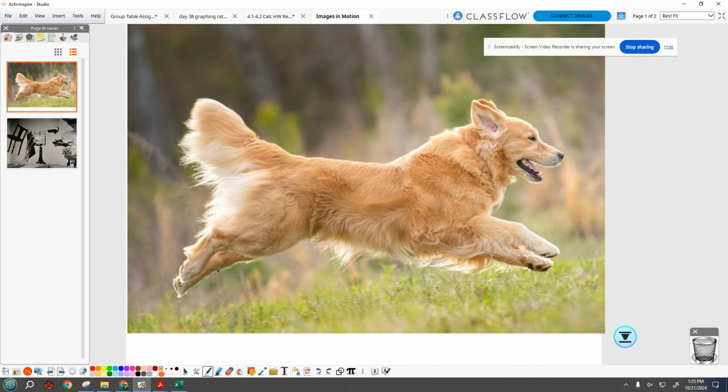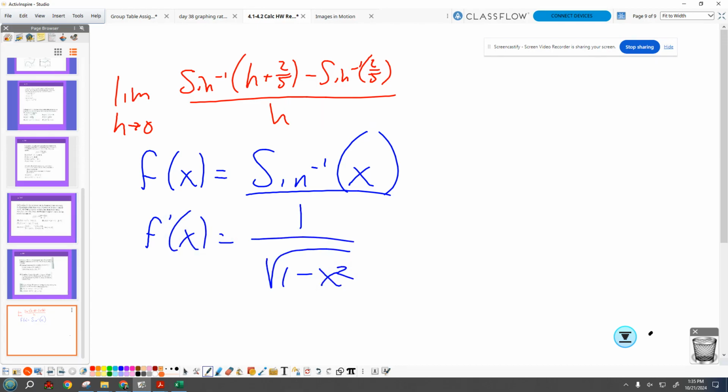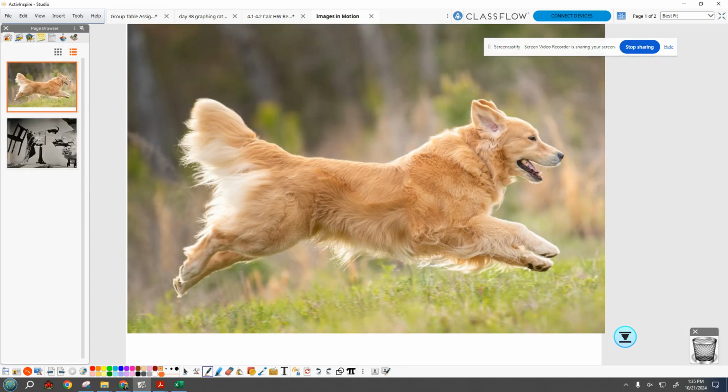So he's not moving, but he was. We took a picture. So this is what I mean by find the function. This is the trajectory. This is the motion. Do the derivative, and now snapshot. Just because it amuses me, I get to have a picture of a dog.